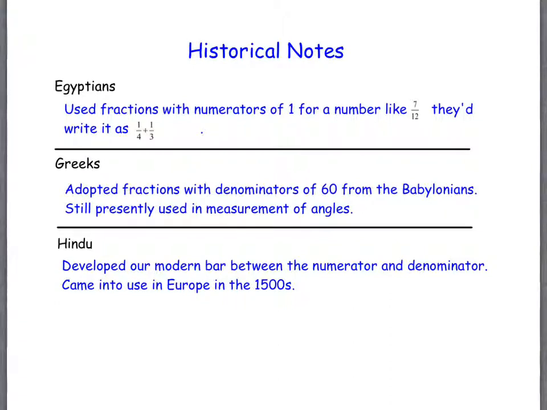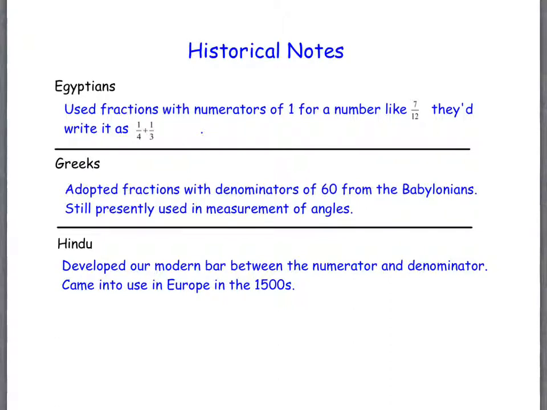The Greeks adopted fractions, but they used denominators of 60, and they did it from the Babylonians. And this sort of a description is still used in measurements of angles today, and not necessarily angles of a triangle per se. But we do use units of 60 in another place as well.